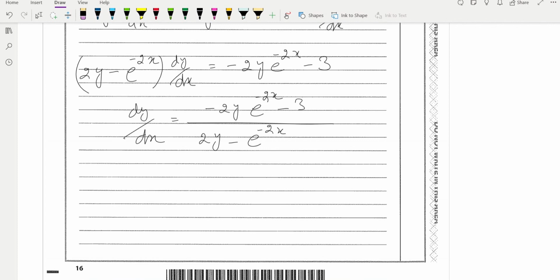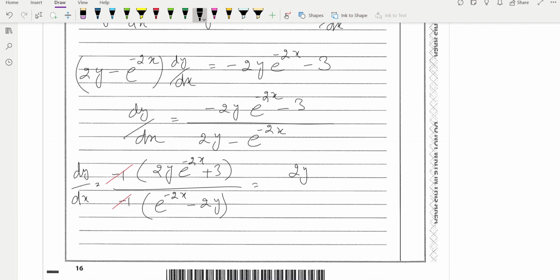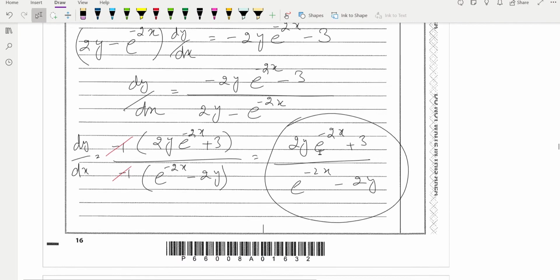So I will write over here dy over dx will be equal to minus 1 we take from the numerator, so it will be 2y e raised to minus 2x plus 3, and minus 1 we can take common from the denominator, so it will be e raised to minus 2x minus 2y, and these minus 1 and minus 1 will be cancelled, and this will be equal to 2y e raised to minus 2x plus 3 divided by e raised to minus 2x minus 2y, and this will be the derivative dy by dx, which we are supposed to find.